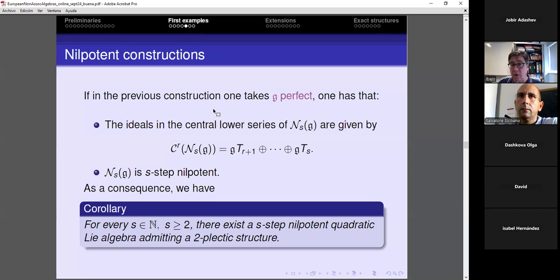I mean that it is not S-1 step nilpotent. And as a consequence, for every step of nilpotency we can always find a nilpotent quadratic Lie algebra which admits a two-plectic structure, which was not so trivial, it was not so obvious.